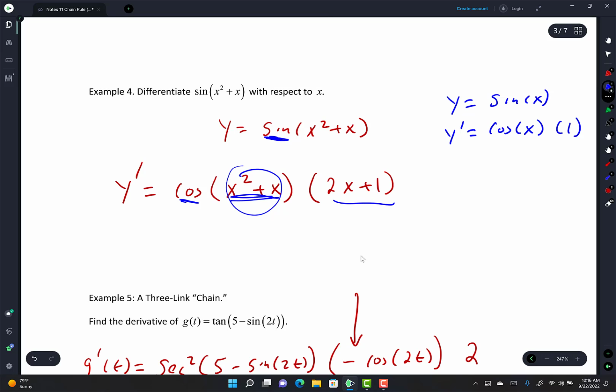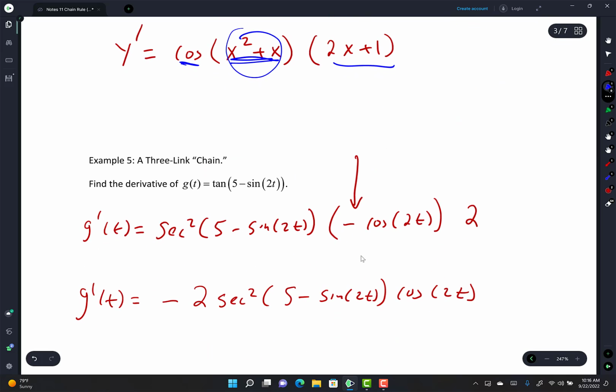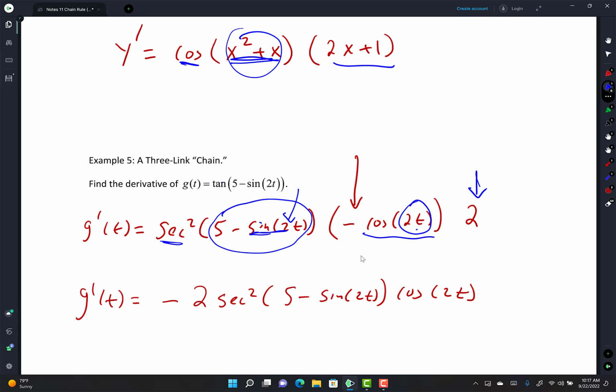That's it. There is no more inside. It has to be like, see, this one has an inside. Derivative of tan is secant squared, leave the inside alone. Then this has another inside within an inside, see? Then derivative of sine is cosine, leave that inside alone. And then derivative of 2t is 2. Yeah, we're going to do more.